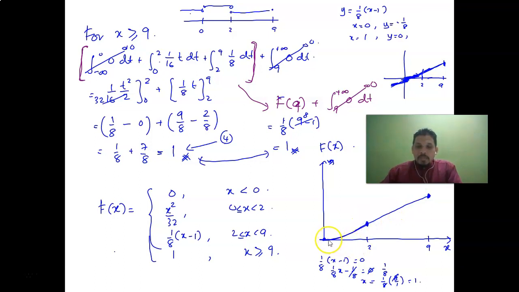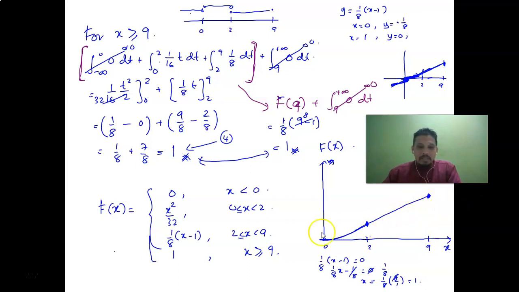Okay, so this is the graph of x squared over 32 from 0 until 2. This is the graph of the linear function 1 over 8 times x minus 1 from the domain of 2 until 9. 2 until 9 is linear.